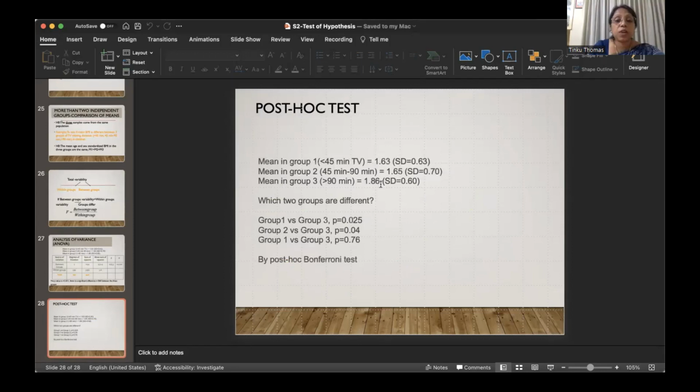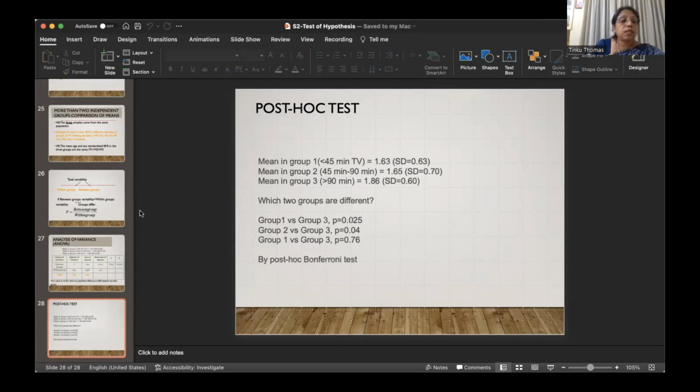For 1.65 versus 1.86, the p-value is 0.04. And the SDs are also different. So all that plays in. That is why we are having different p-values. Whereas if you're looking at group 1 versus group 2, there's hardly any difference, and therefore the p-value is not anywhere close to 0.05. It's 0.76. I hope I answered your question.